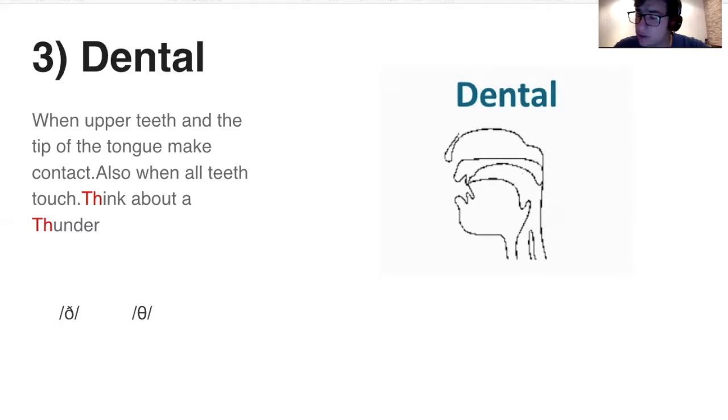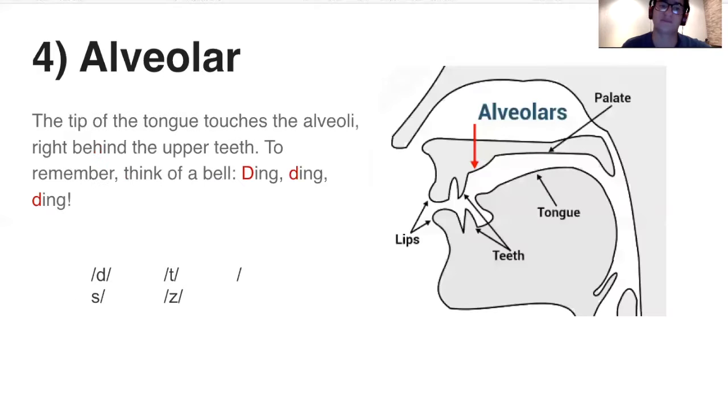The dental place of articulation, sorry, is when the upper teeth and the tip of the tongue make contact. There's only two dental sounds in English, which are th and th.